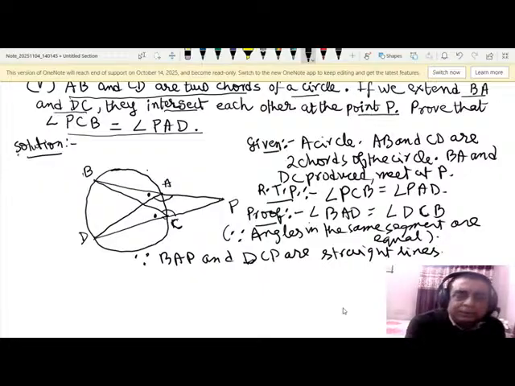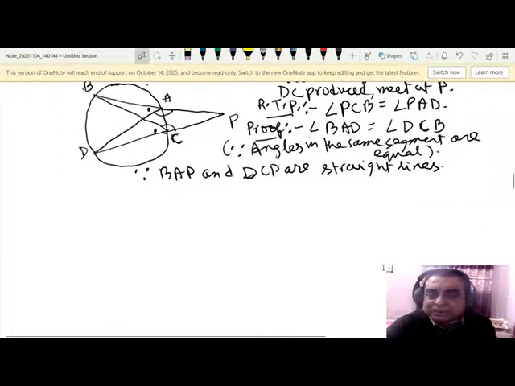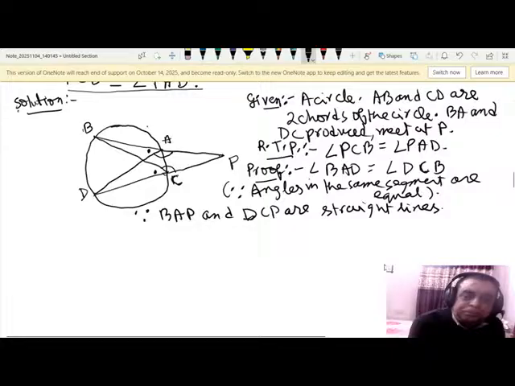Okay, so here BAP is a straight line and DCP is a straight line. So we know on one straight line, if another straight line stands, the sum of the two angles on the line standing on the other line together is 180 degrees. We call it linear pair.